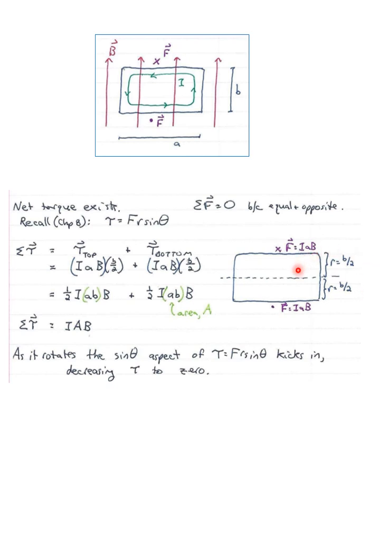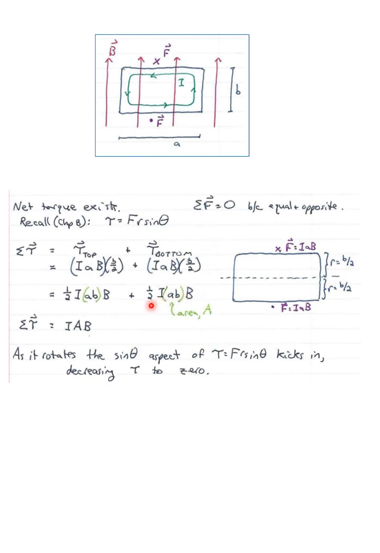And so the lever arm from the axis to where the force is being applied is lowercase b over 2. And the same goes for down below. So what you've got is the torque on the top part of the wire is IaB times lowercase b over 2. And then the torque on the bottom is the same, IaB times lowercase b over 2. And they go in the same direction, so they add.